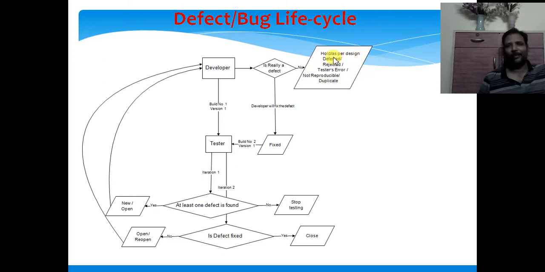Okay, if it is not a defect, sometimes the status is "as per design". Suppose there might be a change in the functionality, but the testing team might not know about the change because maybe the documents were not updated.